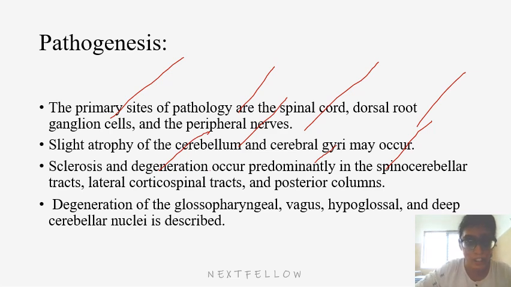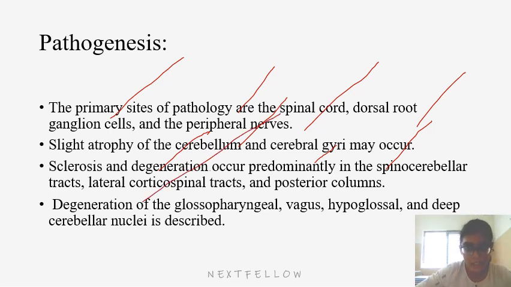If you correlate the symptoms with the pathology, the cerebellar symptoms like nystagmus, titubation, dysarthria, dysmetria are present. The dorsal root ganglion, peripheral nerves and posterior column explain the loss of position and vibration sense. Lateral corticospinal tract symptoms are present, right? So if you correlate, you will be able to understand better.